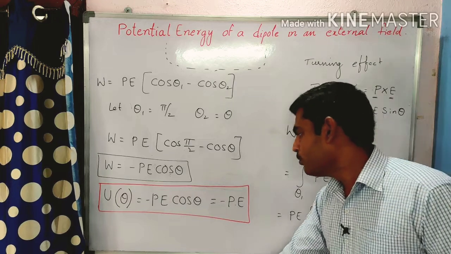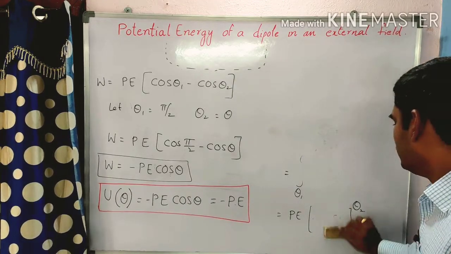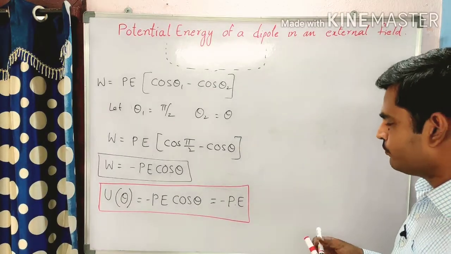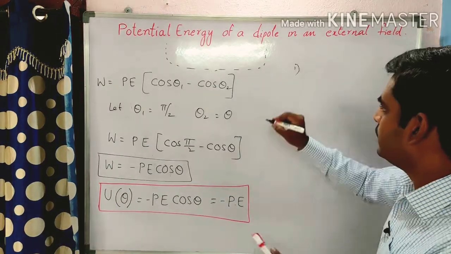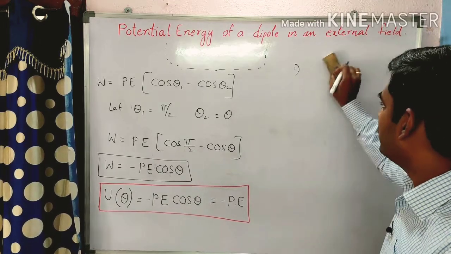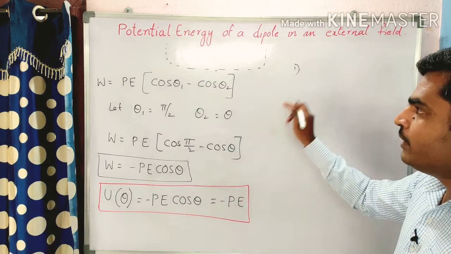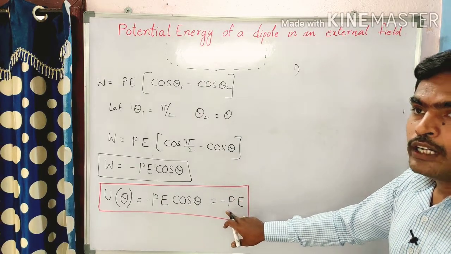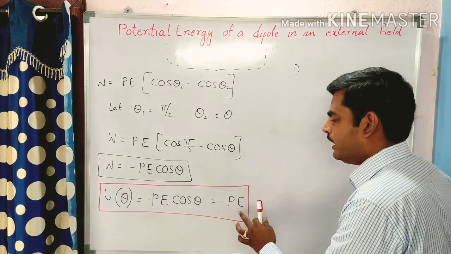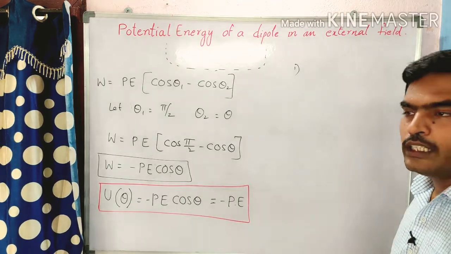Here one more thing, three important cases we will see. Number 1: it is a regular habit to write the potential energy as P, but don't write it here. If you write P, it becomes a product of dipole moment and electric field. Don't think that PE is a short form of potential energy.